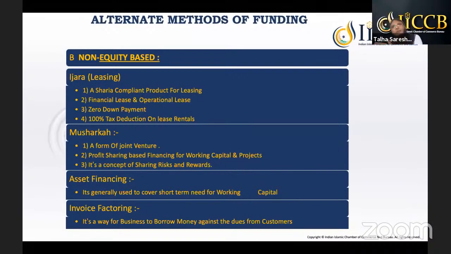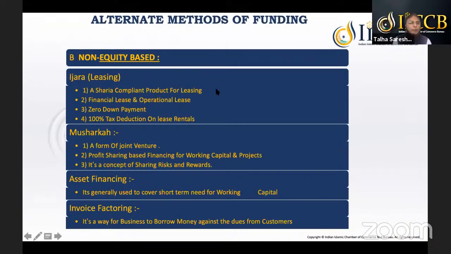In a finance lease agreement, ownership of the asset is transferred to the lessee. But in an operational lease, the asset is retained by the lessor at the end of the agreement. It's the most simple and easy mode of Sharia compliance.